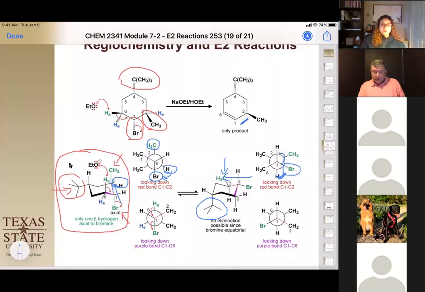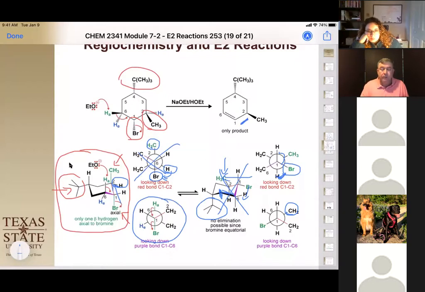If we look down the other way, in this configuration, we can't remove either of these hydrogens because we have a methyl group, which is this methyl group here, opposite the bromine. So neither of these configurations will give us product, and this configuration won't give us product, which means all of our products come from this one configuration, and that gives us one final product, the less substituted alkene.